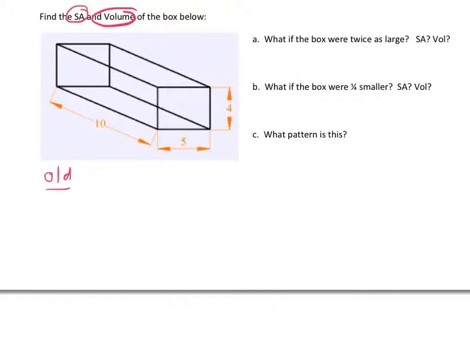So let's talk about the original shape, or in other words, the old shape. The surface area is found by taking, this is one formula, 2 times 2 dimensions, which is, let's say, length and width, 2 and 5, because there are 2 sides with those dimensions.